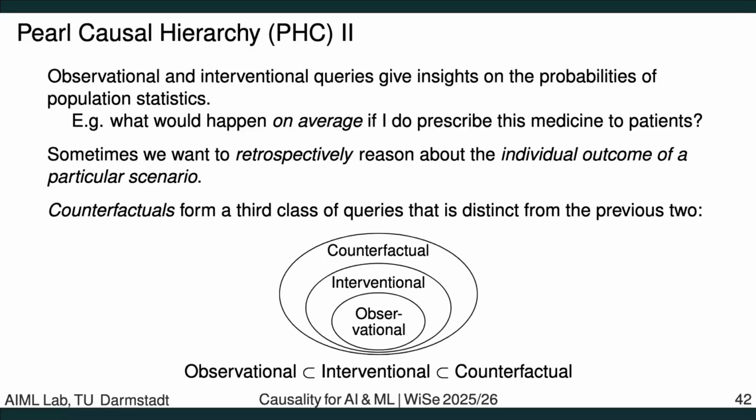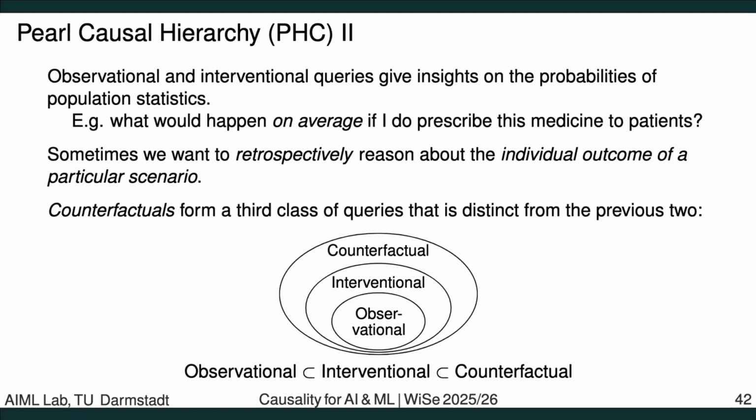Basically, what this means is we reason not about some average outcome, but for that particular scenario, all the noises are fixed, right? We might not know them, but we know, okay, I don't know, the virus level in my body was at this exact quantity. And if I had taken the medicine, maybe I wouldn't have got sick or something like this.